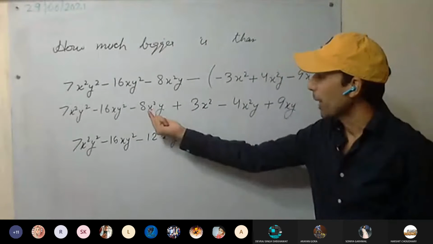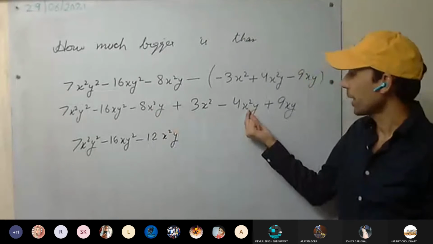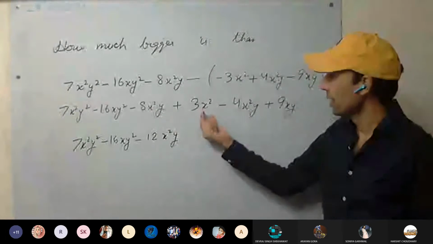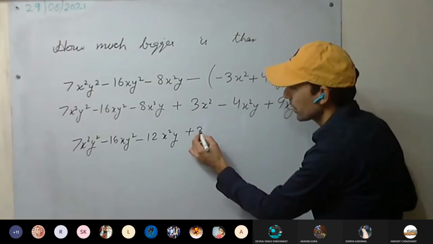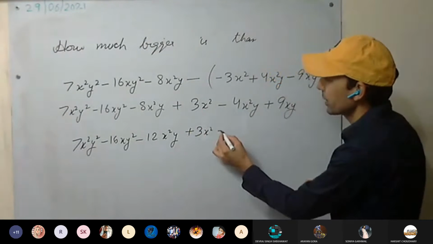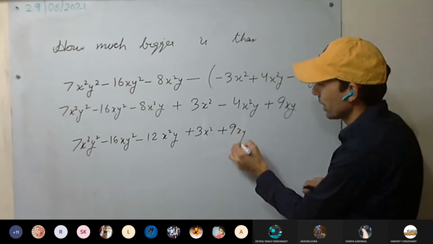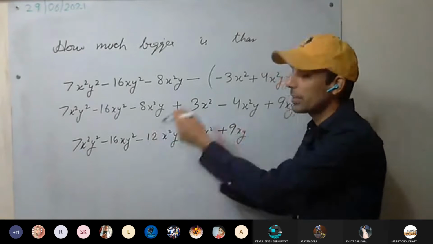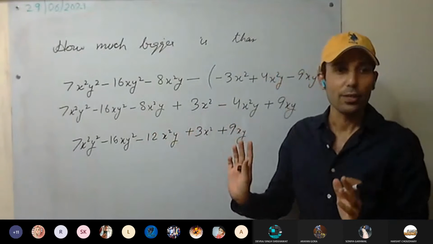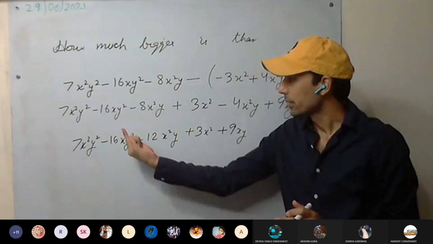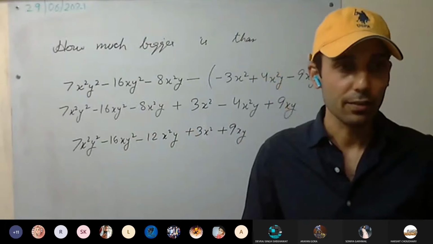Minus 8x square y minus 4x square y. 3x square, any other term? No other term. So plus 3x square and plus 9xy. You can arrange these terms in any order, it doesn't matter. We all remember that addition follows the commutative law.